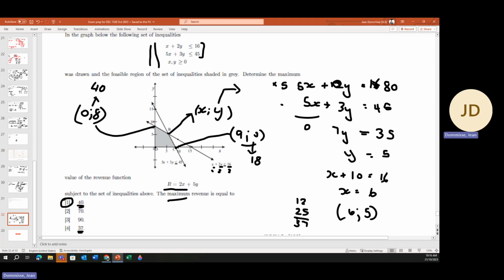Okay, and then for you to get maximum revenue, it can only be one of those 3 points. The one that is 0 and 0, that is where it will minimize, because if you put 0 and 0 in, it will be 0. So point D would have been where you will minimize it.